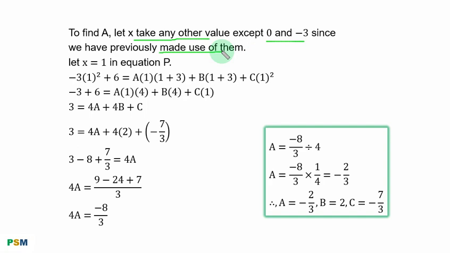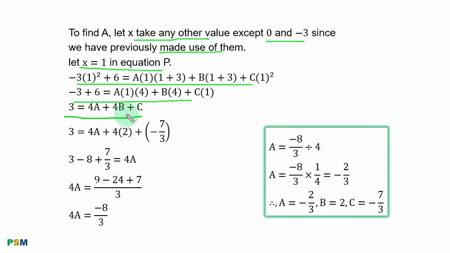If you have 4 constants, 2 should be known before you can use the alternative approach. Let s equal 1 in equation P. This is equation P. You replace s with 1, you simplify, you have this result, followed by this.